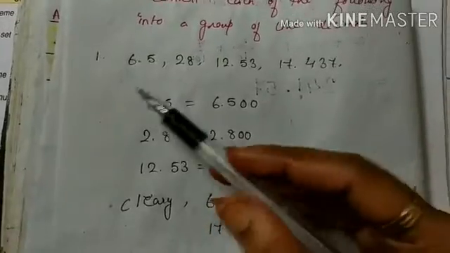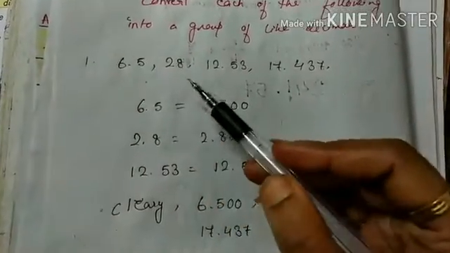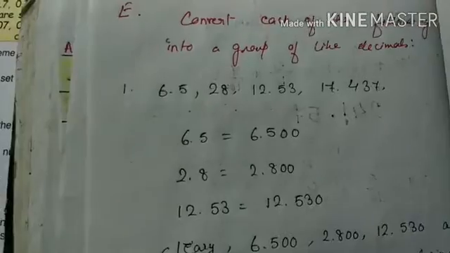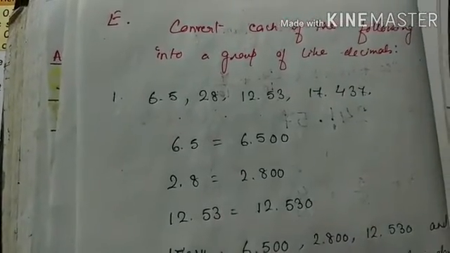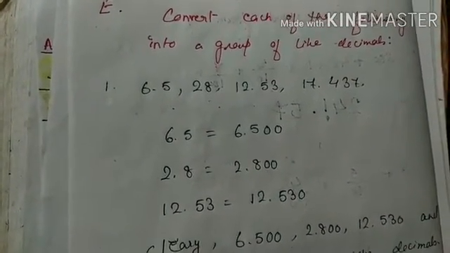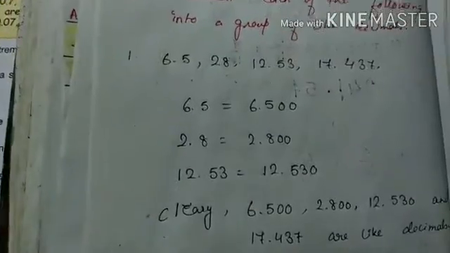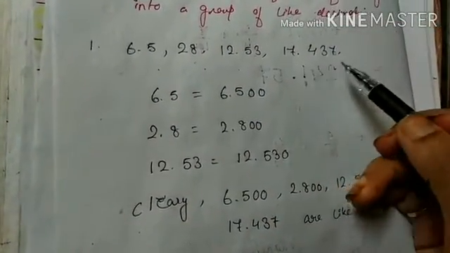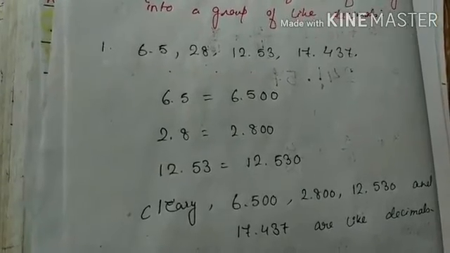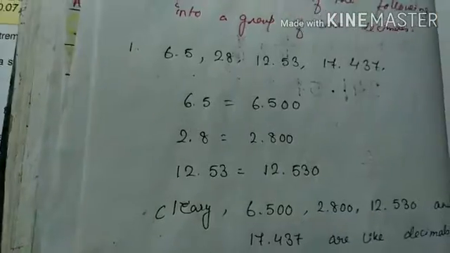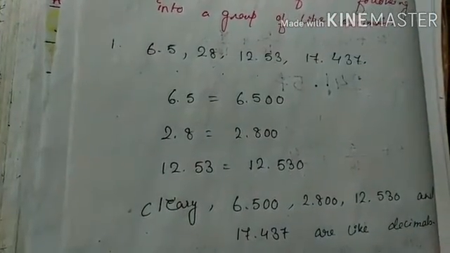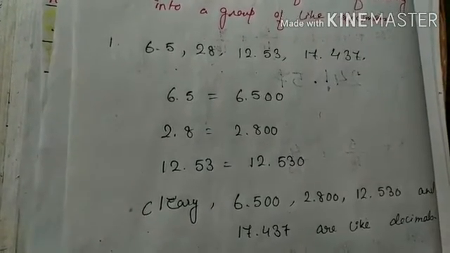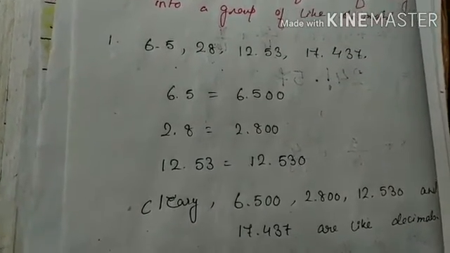Here you can see it's 6.5, then 2.8, then 12.53 and 17.437. We have to convert the numbers into 3 decimal places, because 17.437 has 3 places of decimal. So first convert the unlike into like decimals.